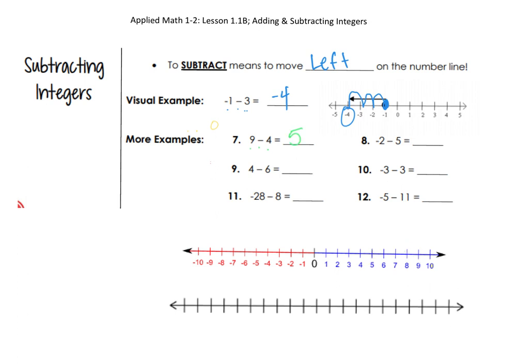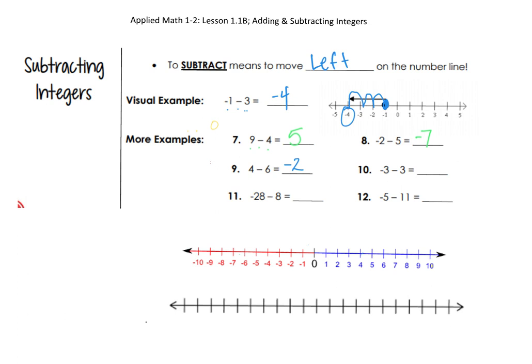Number 8, we have negative 2 subtracting 5, so our starting place is negative 2 on the number line, and we're going to work 5 spaces to the left of that. 1, 2, 3, 4, 5, landing us at negative 7. Number 9, we have 4 minus 6, so we're going to start at positive 4 and work left. 1, 2, 3, 4, 5, 6, landing us at negative 2, so there's our answer.